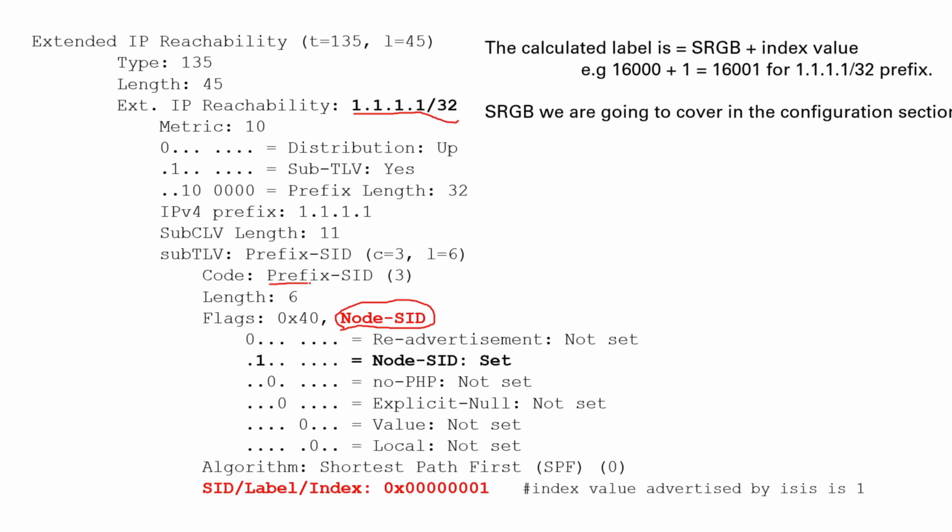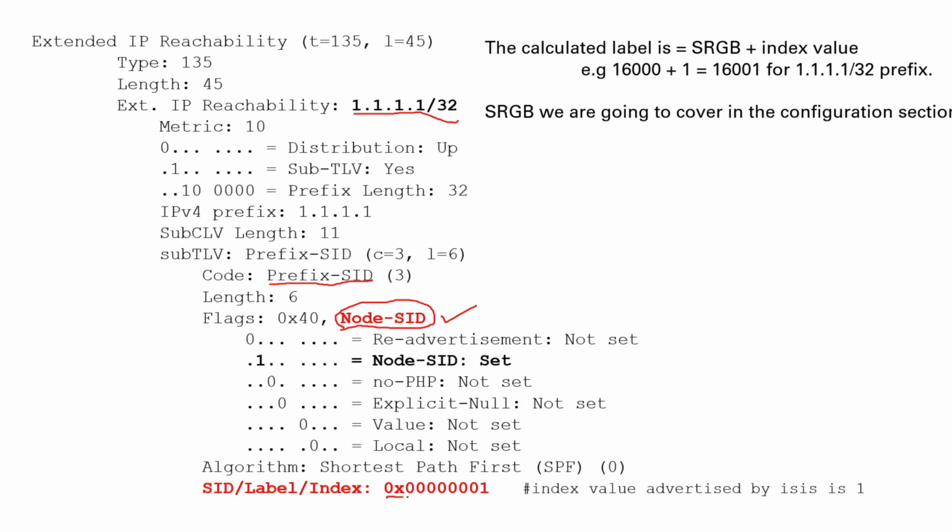So if you see here, it is prefix-sid. But in the case of anycast, which we are going to cover in the next slides, the node bit will be set to 0, because that is the anycast-sid we use for a group of nodes, not for a single node. For a single node we need to set the node bit as 1.